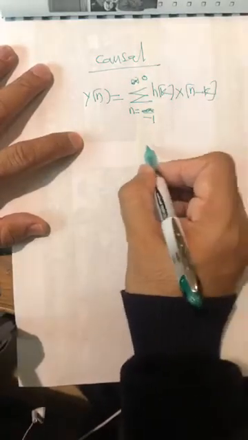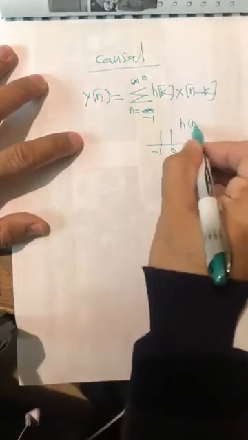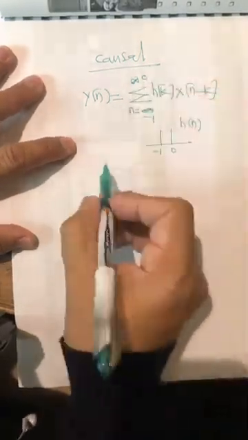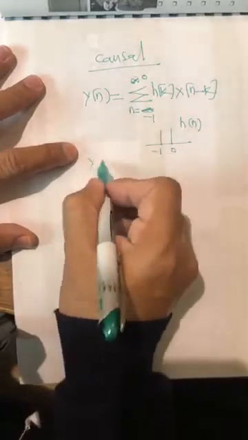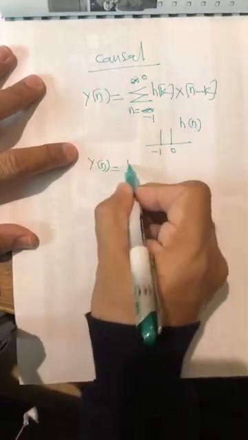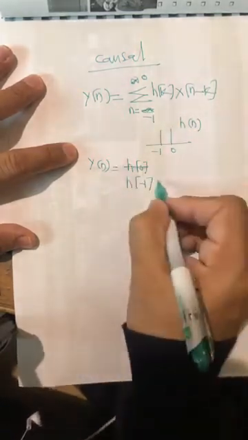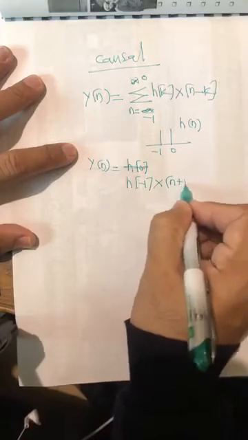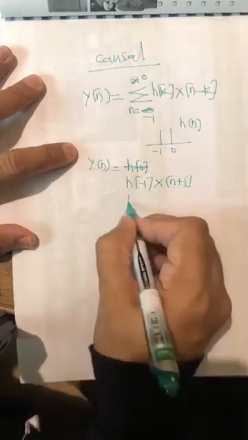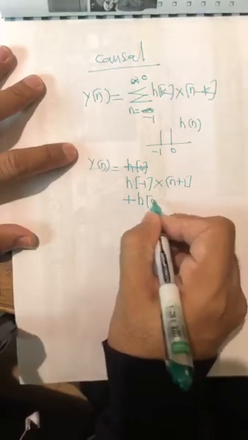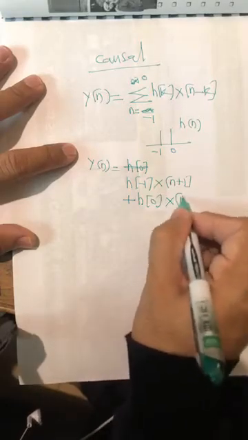For example, a very simple impulse response which has only two samples, at -1 and 0. This is our h of n. If I open this summation, my y of n will be h of -1, x of n plus 1, plus h of 0, x of n.